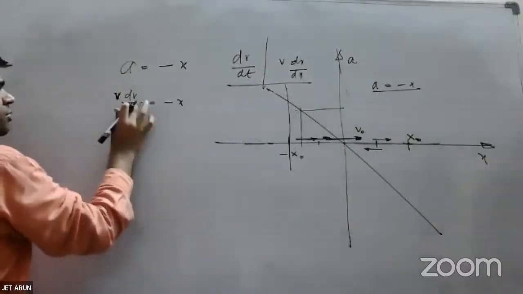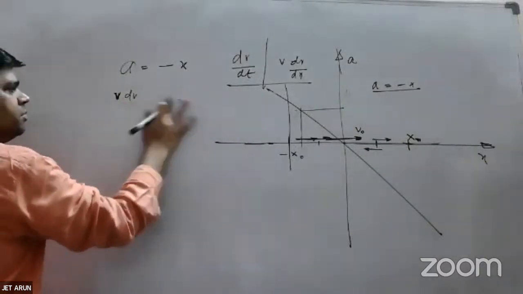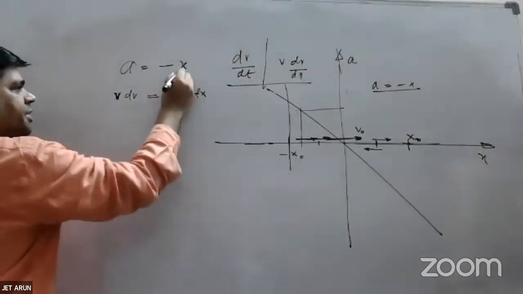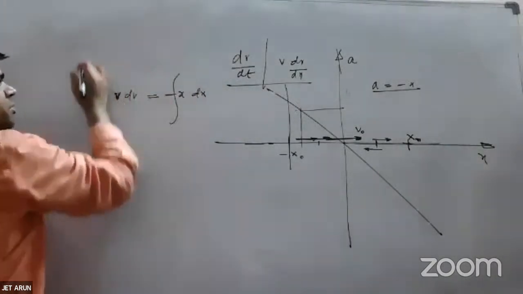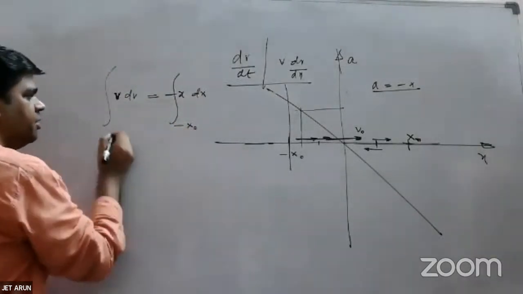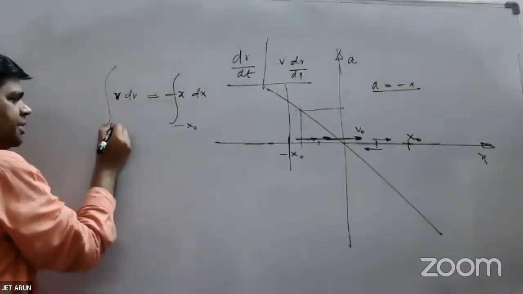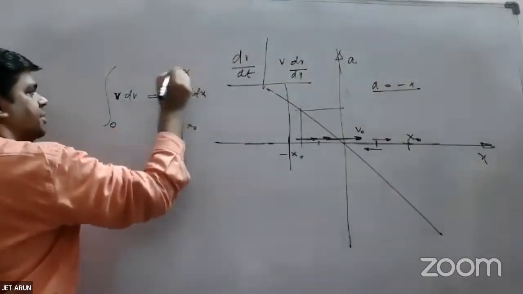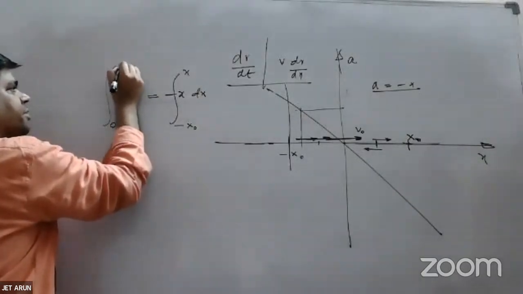v dv by dx is equal to minus x. So v dv is equal to minus x dx. Now I integrate. At x is equal to minus x naught, the particle is at rest, 0. At x is equal to x, the particle's velocity is v.